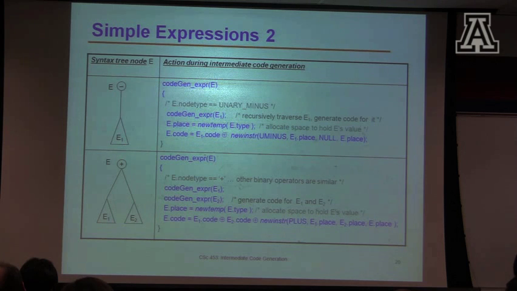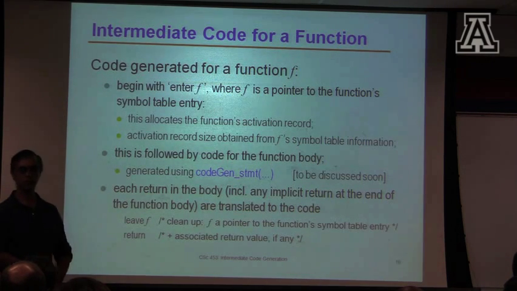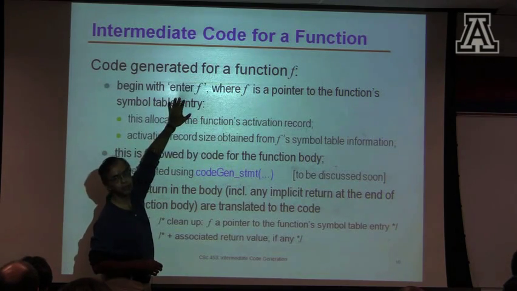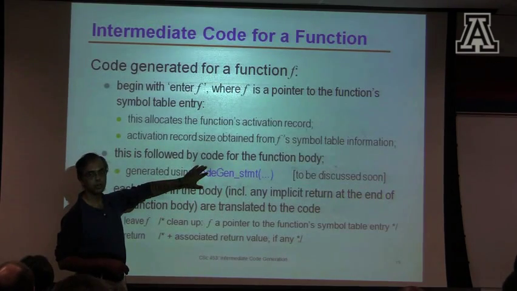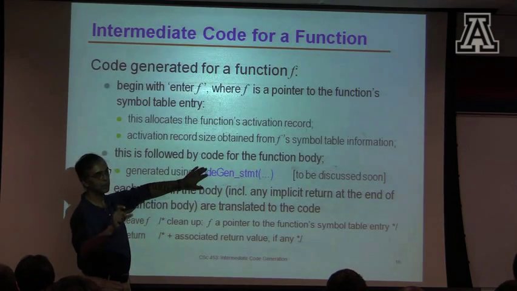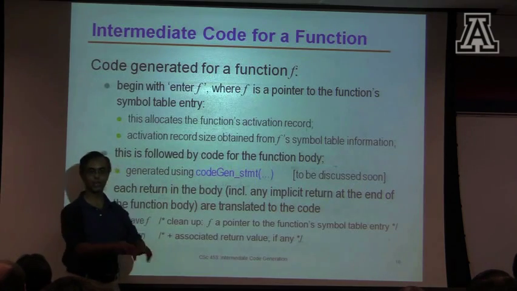Oh, okay. So again, let's keep in mind the distinction between what's happening at compile time and what will happen at runtime. So at compile time, what I'm saying is, here's the code that I'm going to generate. The code that I generate looks like do stuff, allocate a stack frame, save the return address, and so on, generate code for the body, which will traverse the expressions and such.